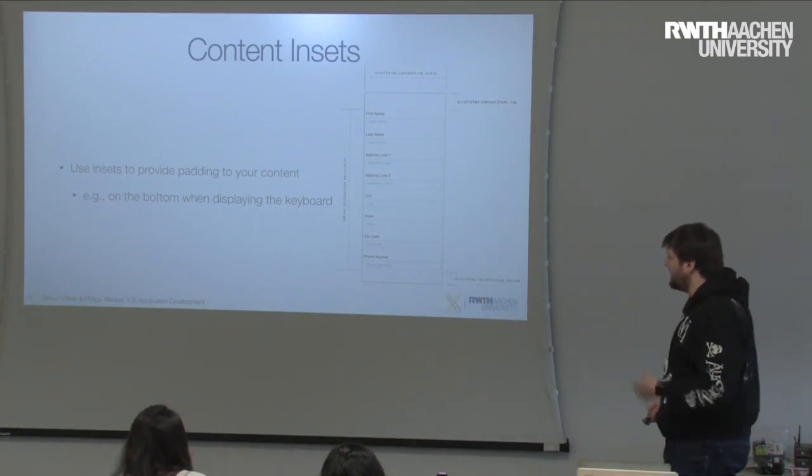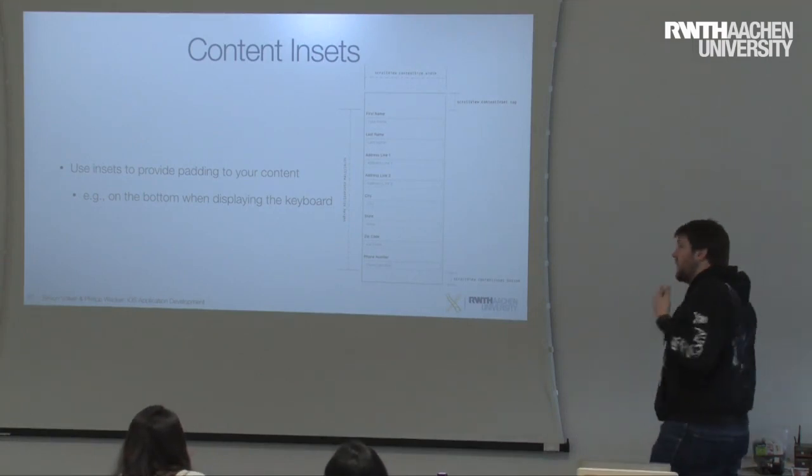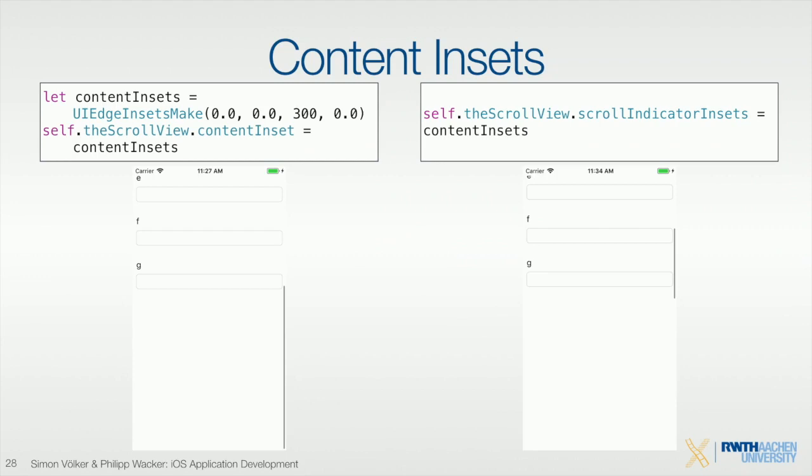That can be used, for example, if I notice that the keyboard will now show, I create my content insets, and those are of type UIEdgeInsets. And what's the order? It will show up if you call it in Xcode, telling you which one is top, left, bottom, and right. So 300 apparently is the bottom.